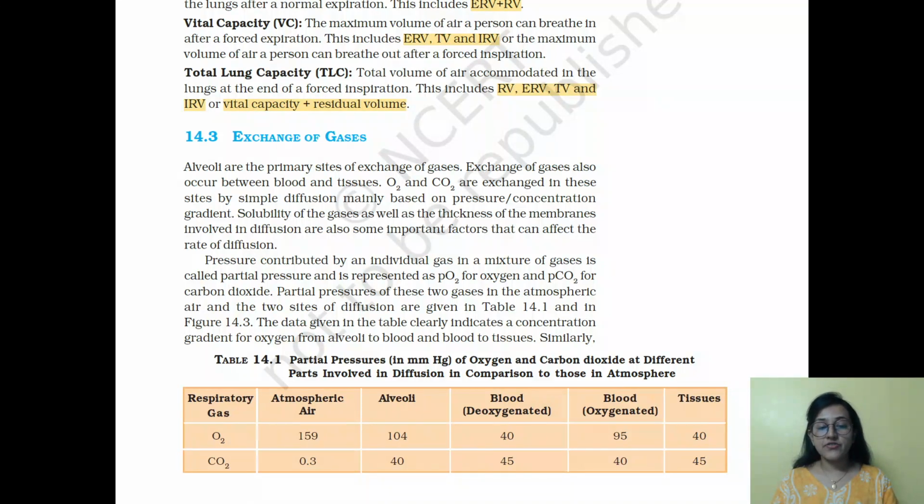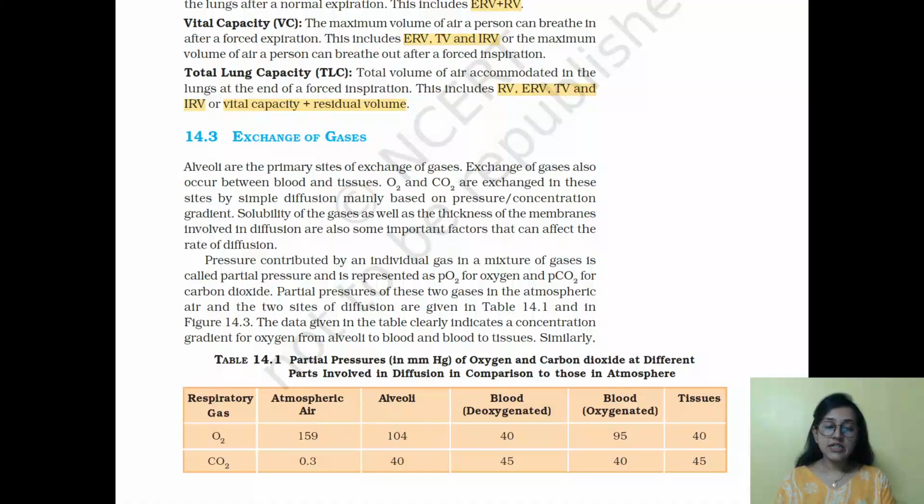The data given in the table clearly indicates a concentration gradient for oxygen from alveoli to blood and blood to tissues. Now let's study table 14.1. It is all about the partial pressures in millimeter of mercury of oxygen and carbon dioxide at different parts involved in diffusion in comparison to those in atmosphere.